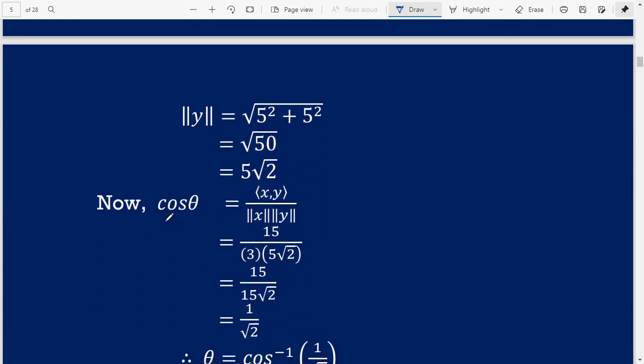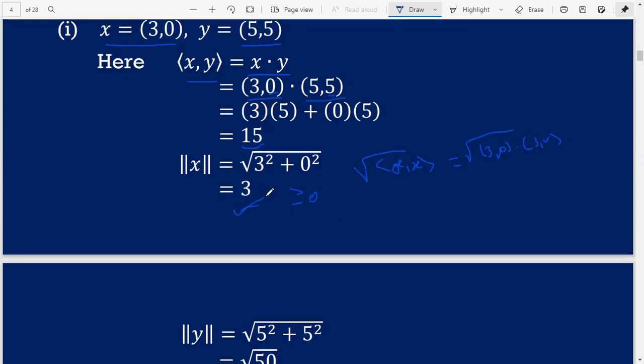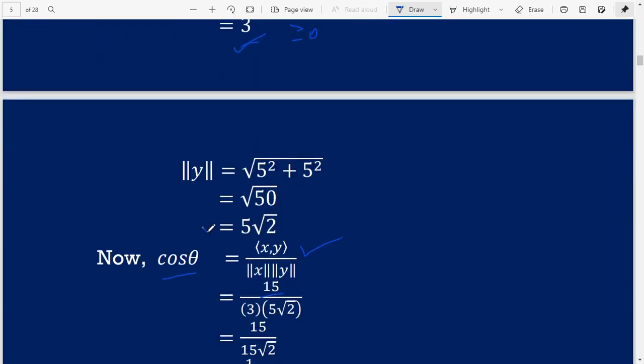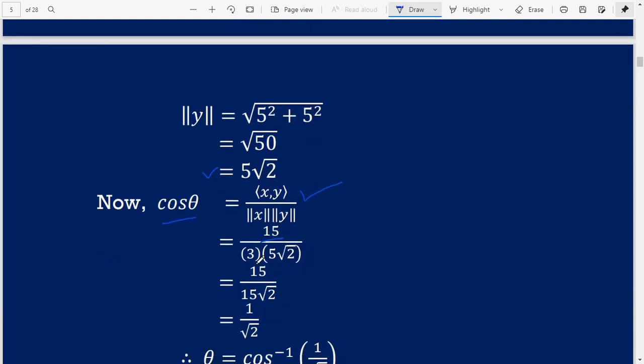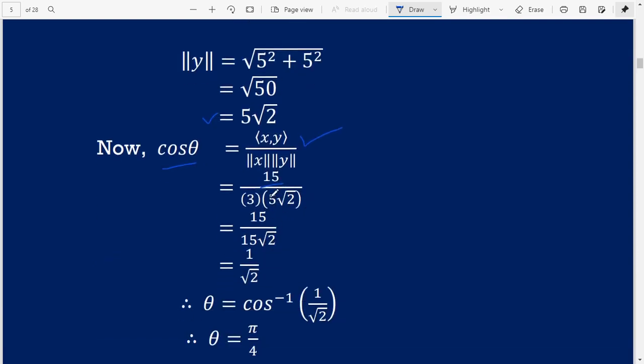Now cos theta is equal to inner product x with y upon norm x into norm y. We have inner product x with y is equal to 15, norm x is equal to 3, and norm y is equal to 5 root 2. So 15 upon 3 into 5 into root 2.